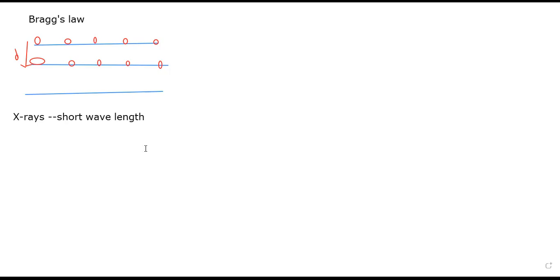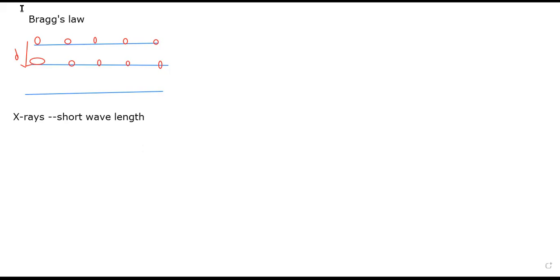We have to study the penetration of X-rays through the crystal lattice, how it is scattered by the atoms here. So here I am using a radiation which is incident on a crystal lattice. A radiation means a beam of particles, a beam of photons.